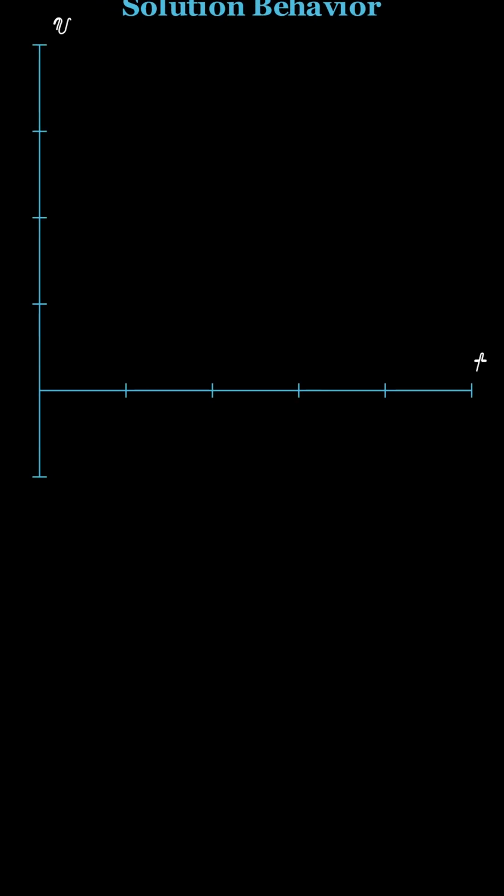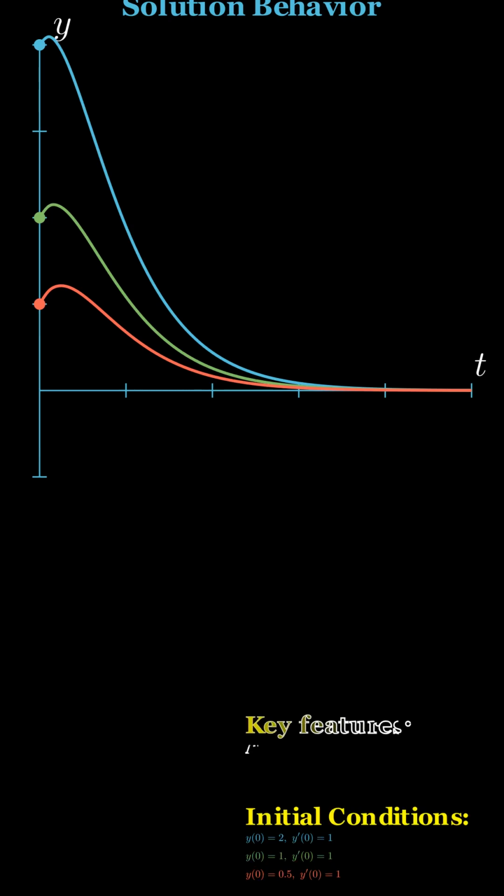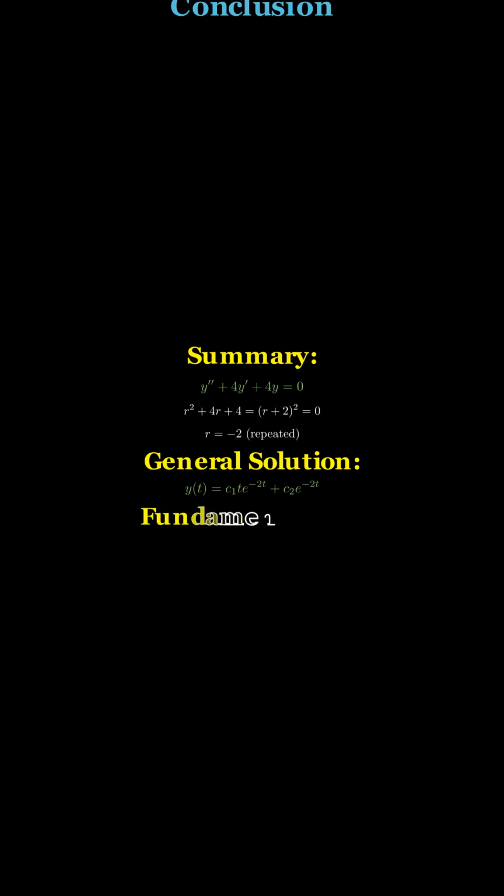Let's plot some typical solutions with different initial conditions to see the behavior. For repeated roots, the general solution includes both the exponential term and a t times exponential term.